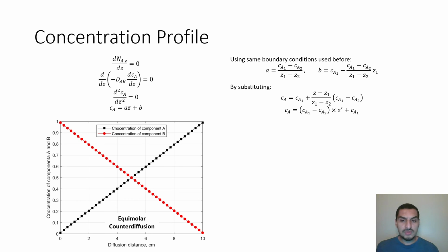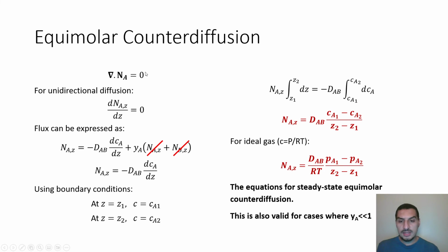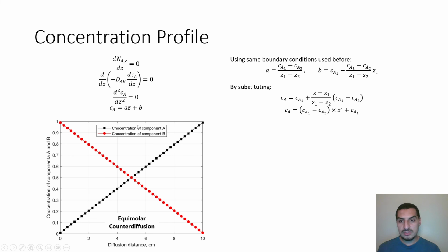So this is the last thing I want to mention in this video about the unidirectional flow. But I want to go back to one point that I mentioned earlier, which is the cases. This equation is going to be valid for YA much smaller than 1, which means that the profile should be the same in case of YA equals a very small number, because it's the same condition. This equation is based on this integration and differentiation, which is valid for the two cases.